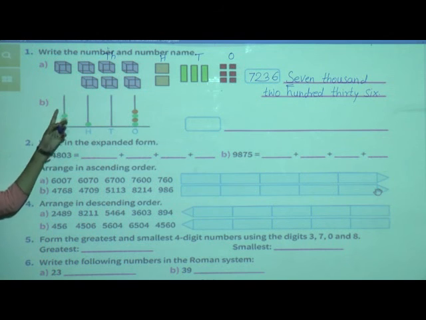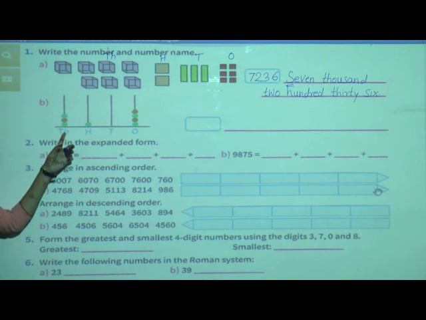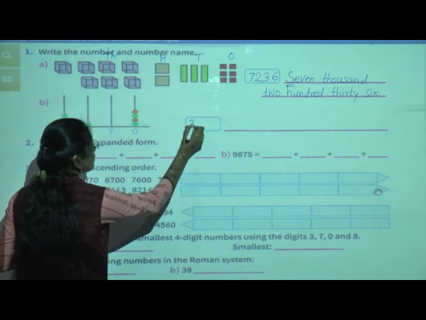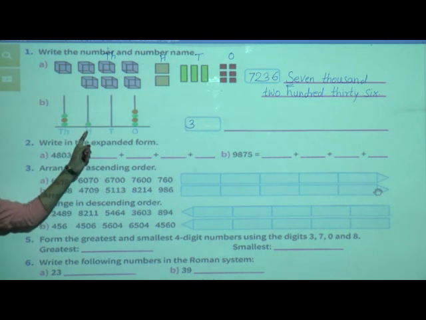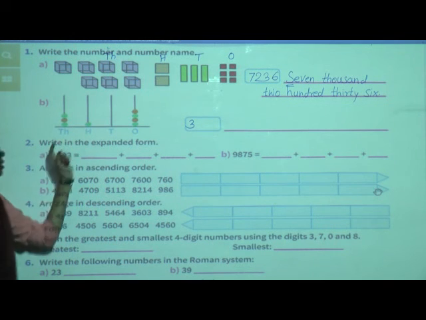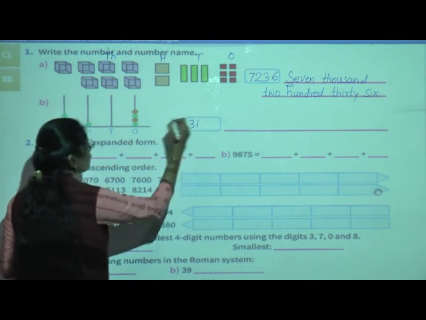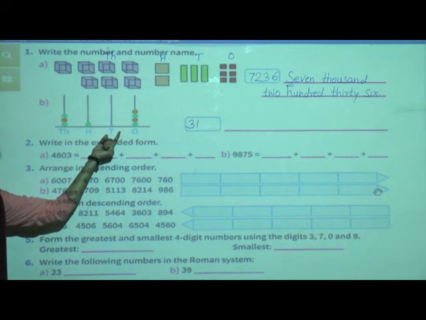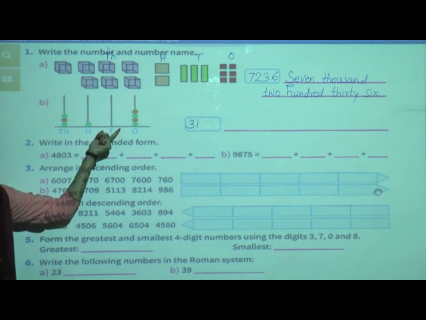Okay. Now see at the thousands place, how many beads can you see here? 1, 2, 3. Here 3 beads are there at the thousands place. So I will write here 3. Now at the hundreds place, how many beads are there? Only 1 bead is there. So at the hundreds place I will write 1. Now see here the tens place. At the tens place they have not given us any bead.